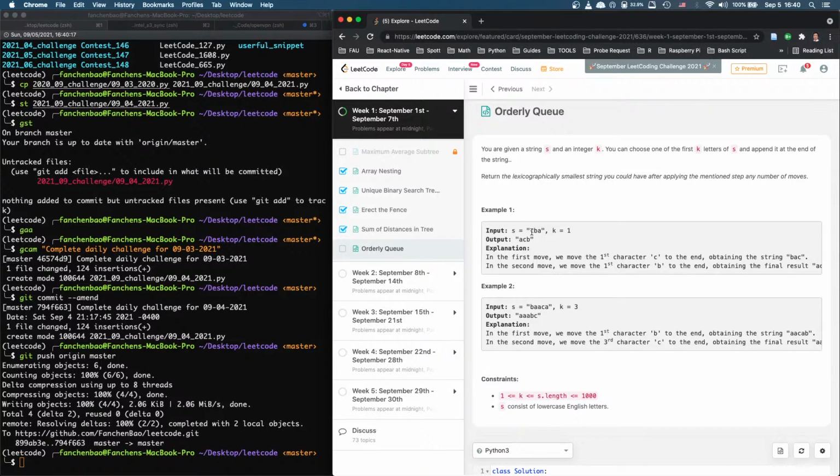Now we have something at the front. We can also sort them based on the small values. We go here, we go here, we go here.